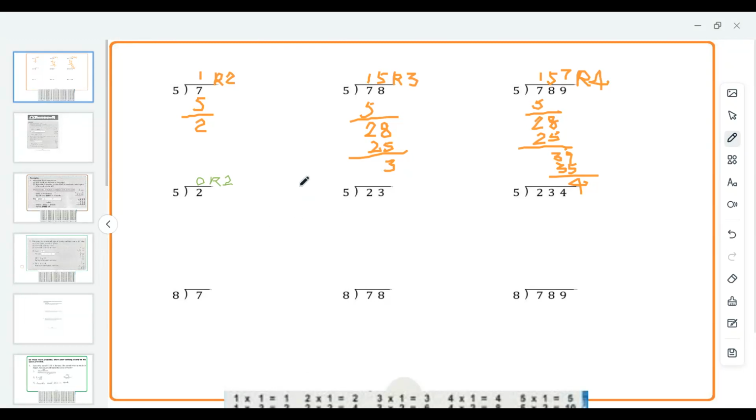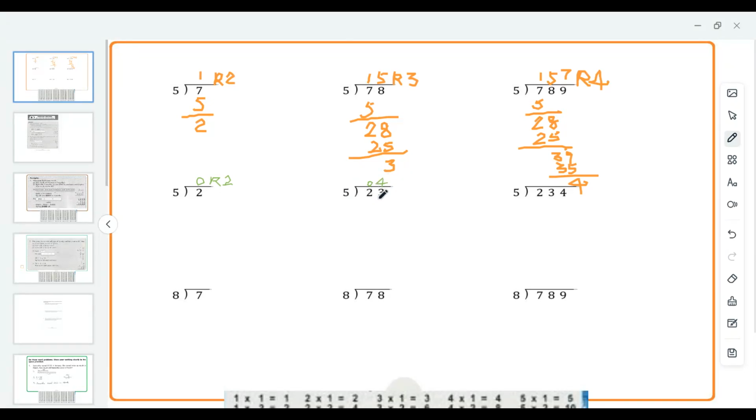Next one. 23 divided by 5. There's no 5 in 2's, right? 2 is too small for 5. So we write a 0 here. Then we take 23 altogether. 23, there are 4 5's in 23.